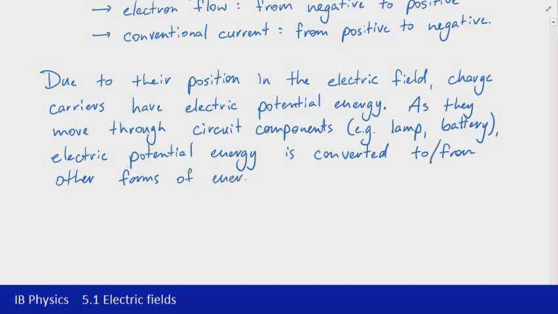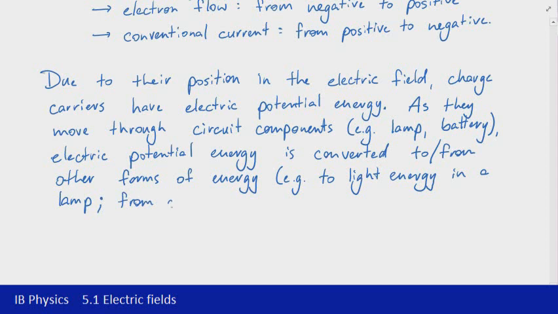And if we think about those two circuit components that we've already identified, we would say that it's converted to light energy in a lamp, and it's converted from chemical potential energy in a battery.